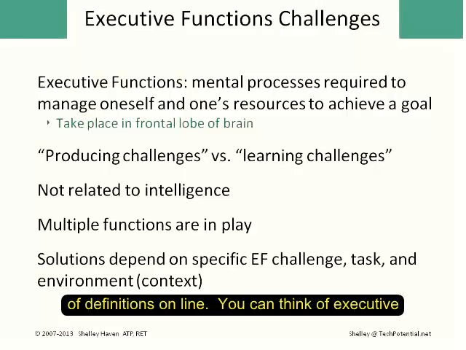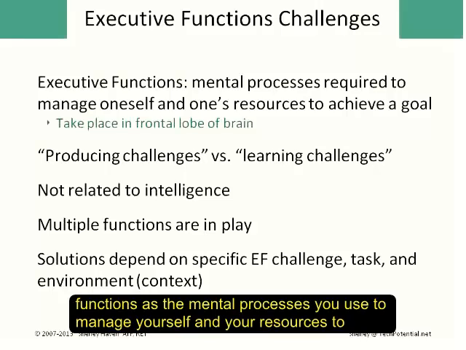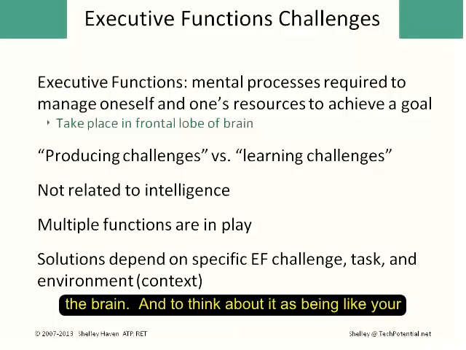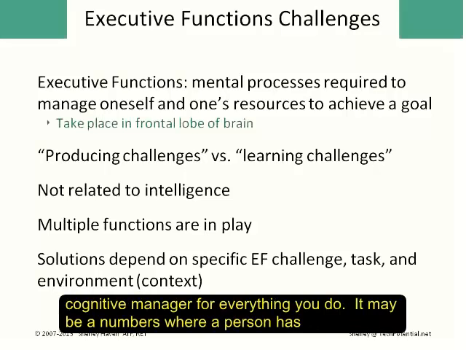You can think of executive functions as the mental processes that you use to manage yourself and your resources in order to achieve a goal, in order to get something done. All these processes take place in the frontal lobe of the brain, and you can think of it as kind of your cognitive manager for everything that you do.